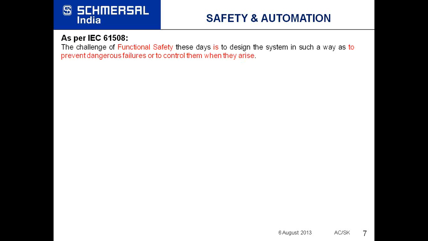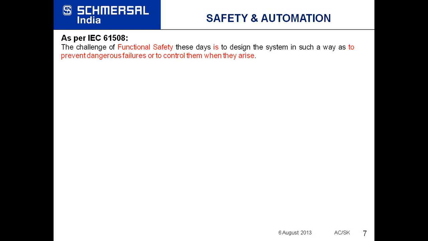This talks about both machine as well as process. It is sometimes also called the godfather of functional safety, IEC 61508. Functional safety is related to safety in industry, safety arising out of functions in the industry.